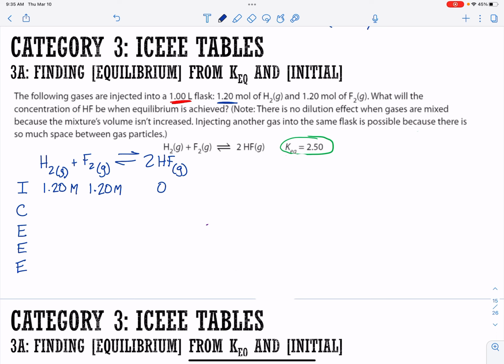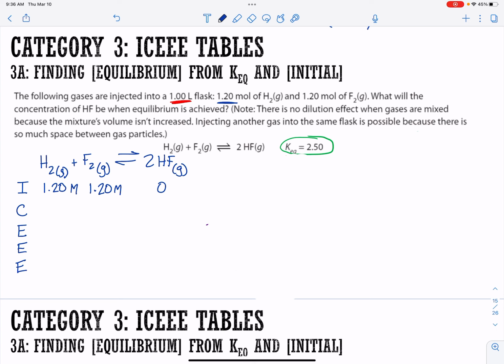Now, we're not given any equilibrium values this time. We are given a KEQ, but there's no change that we can calculate right away. So we kind of have to be a little bit crafty about this, figuring out what's going to happen in this system. If I'm starting with H2 and F2, we know that this system is going to have to shift to the right.